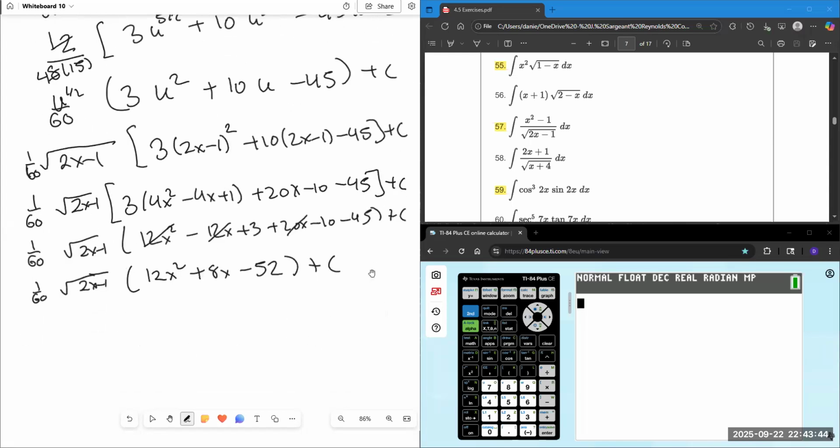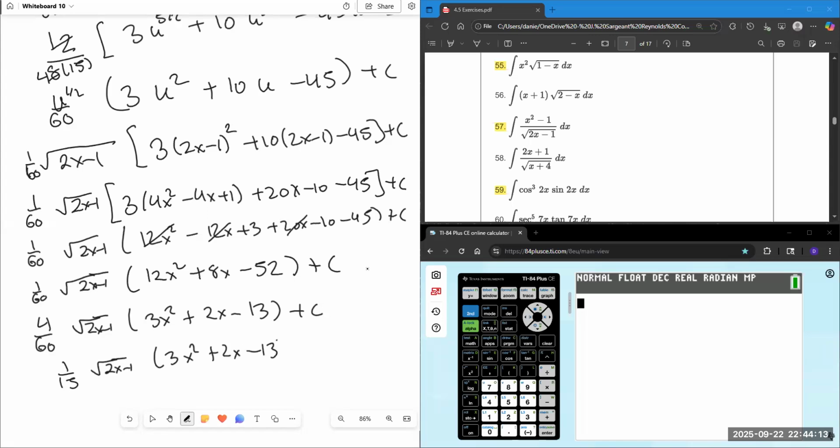I'm going to pull out 4/60 root 2x minus 1 times 3x squared plus 2x minus 13. And that's 1/15 root 2x minus 1 times 3x squared plus 2x minus 13 plus c.